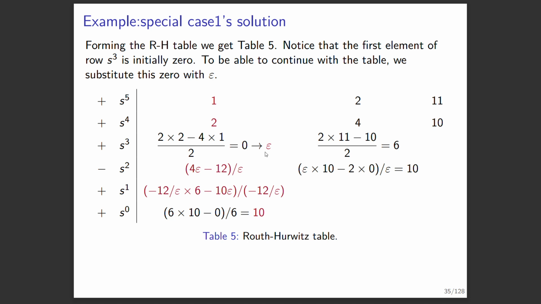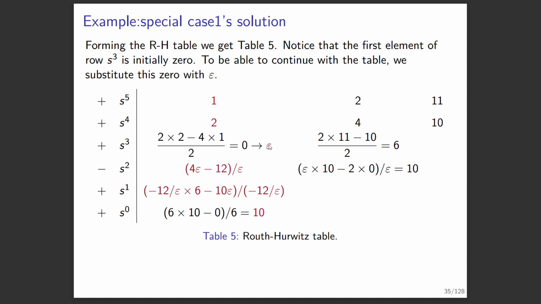Now I continue and populate the table, but instead of numbers, I end up with epsilons everywhere. It's kind of ugly and messy. After I finish the table, I analyze it remembering that epsilon is a really small positive number.